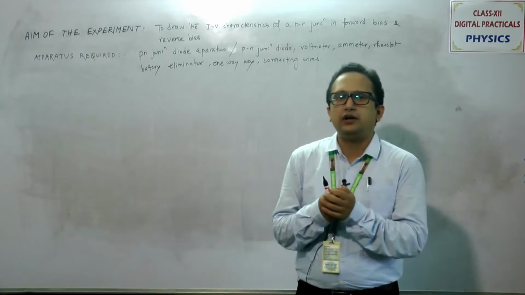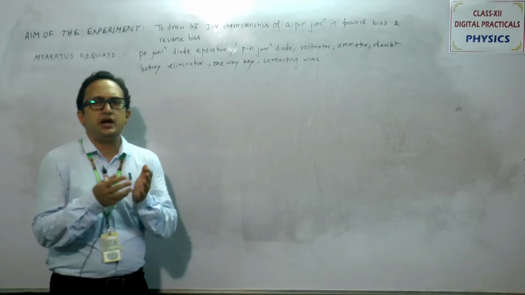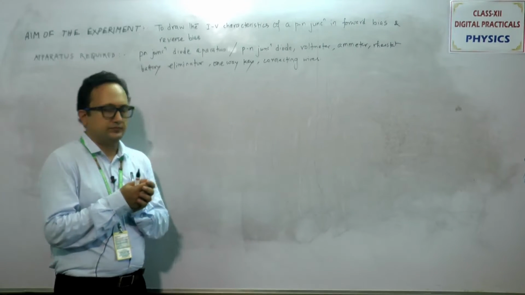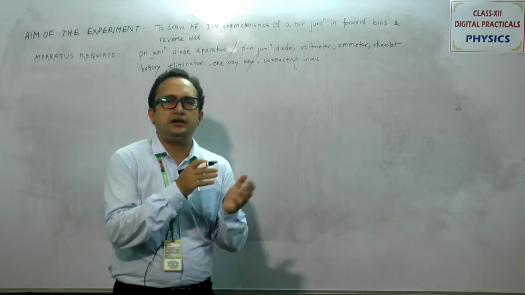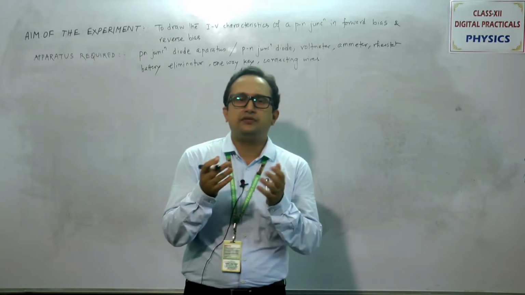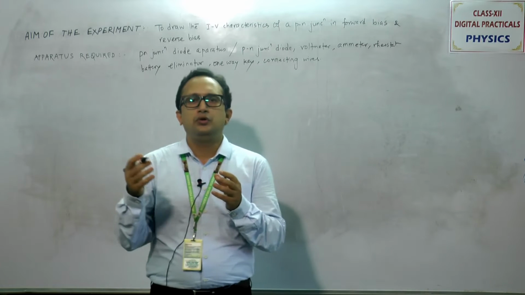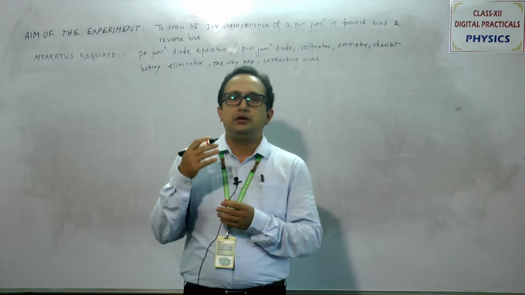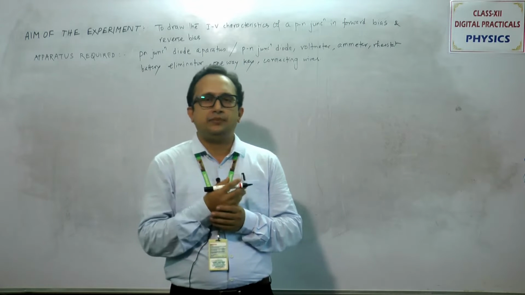Now, what exactly is a PN junction diode? Well, PN junction diode is a one-way device. So we all know about P-type semiconductors and N-type semiconductors. If you have silicon or germanium and you dope it with pentavalent impurity, then you get N-type semiconductors.